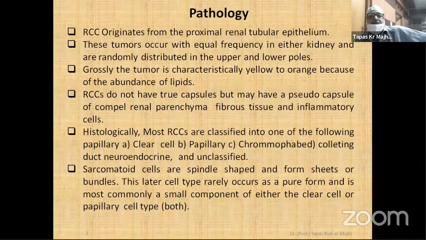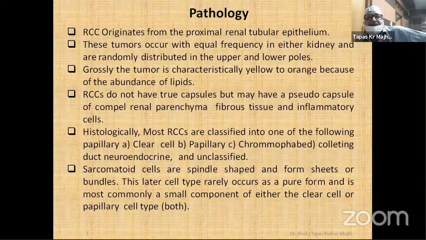RCC originates from collecting tubular epithelium, as evidenced by electron microscopic study. This tumor occurs with equal frequency in either kidney and is distributed equally in upper or lower pole.